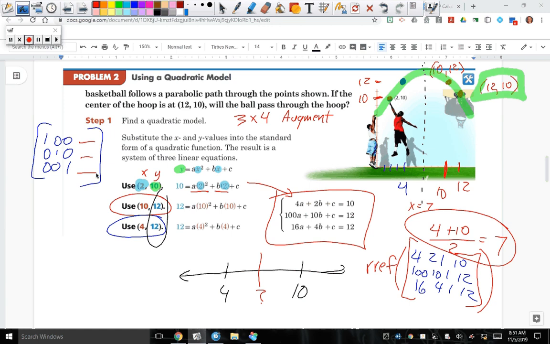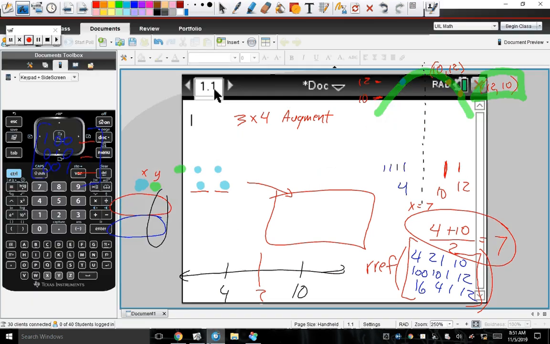Another way that you can solve this, actually, let's go ahead and do that together. Since we're going to be going to the calculator here in just a bit, that last hour is pretty hefty as far as what you're needing to do. So I want to give you all those tools right now of how you can find this. Let me start.